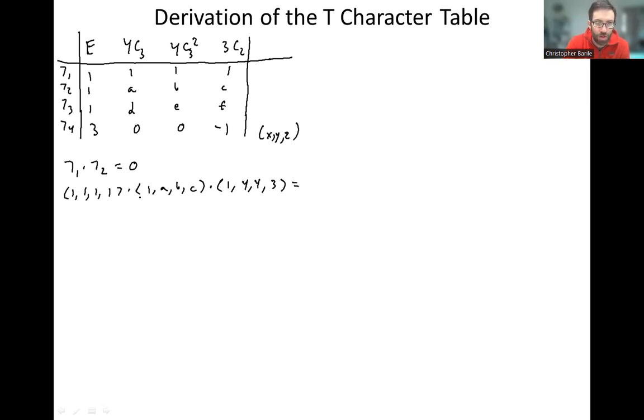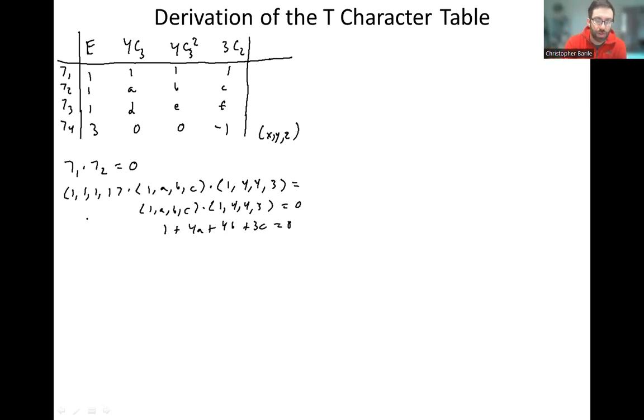I know that when I do this, we have ones over here on the left. Those all go away. Multiplying everything by 1 does nothing, so I can just eliminate that. All that has to be equal to 0. That ends up giving me 1 plus 4a plus 4b plus 3c equals 0. I'm going to multiply that out.